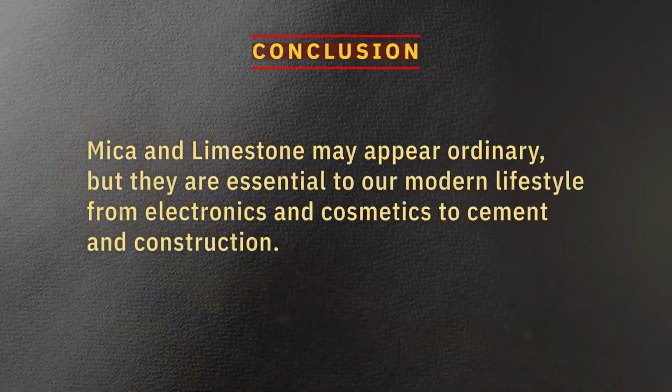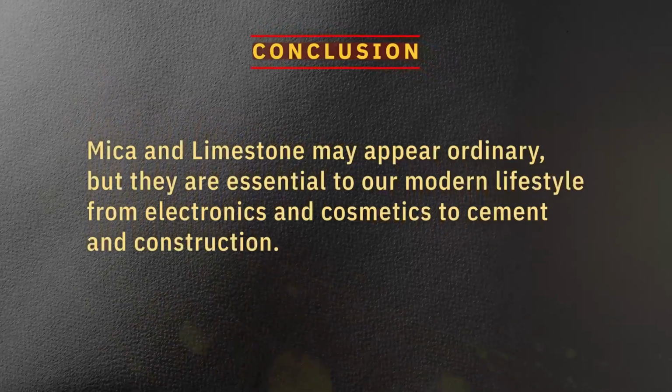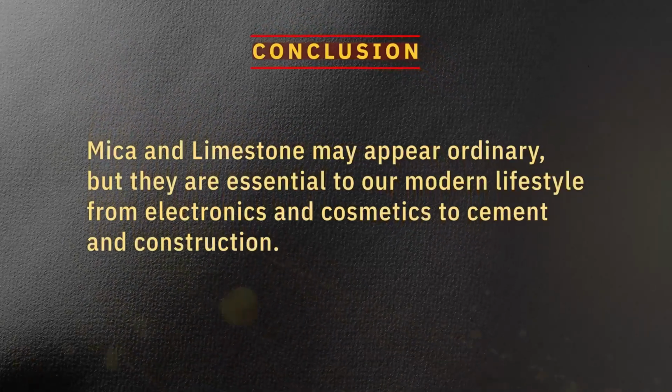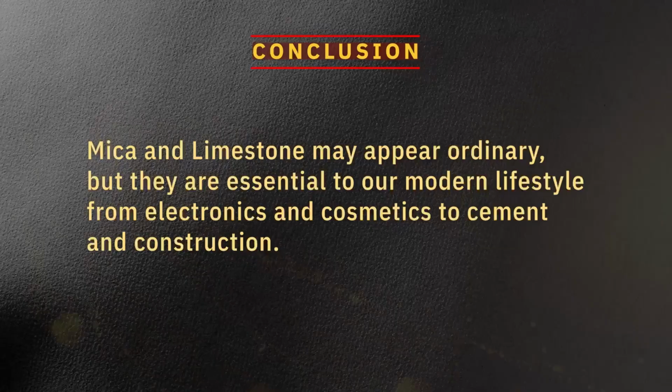We have reached the end of our discussion, so let's summarize the key takeaways. I have discussed some basic concepts regarding limestone and mica. Here we have seen that mica and limestone are both very important and essential non-metallic minerals.